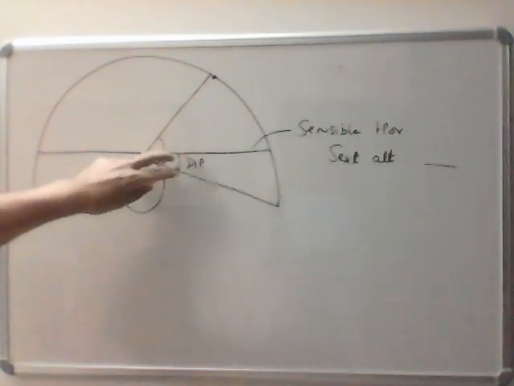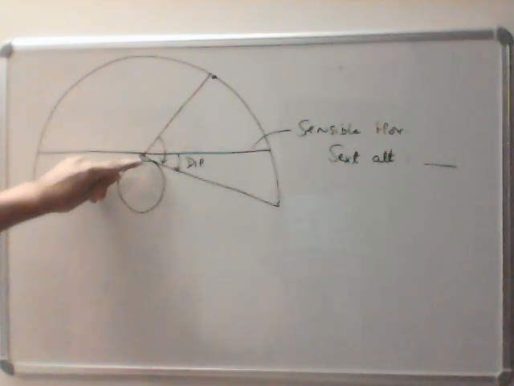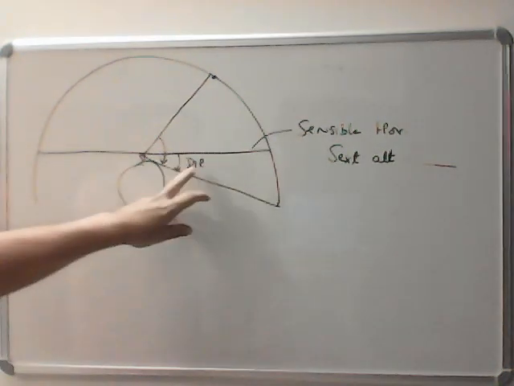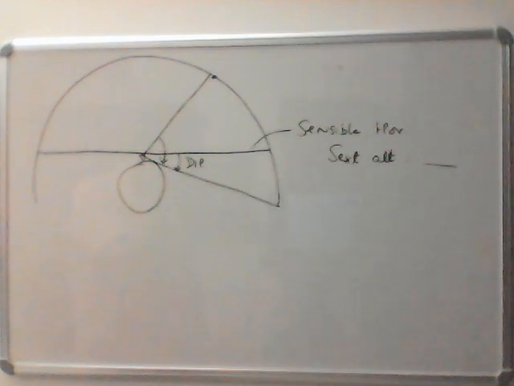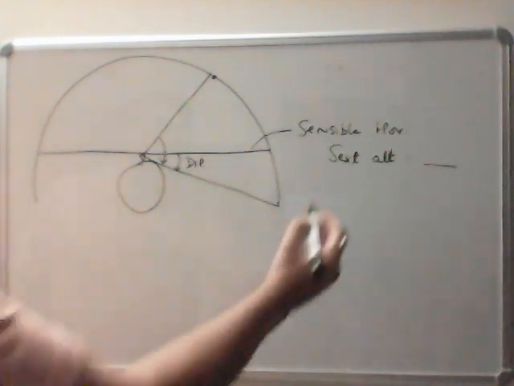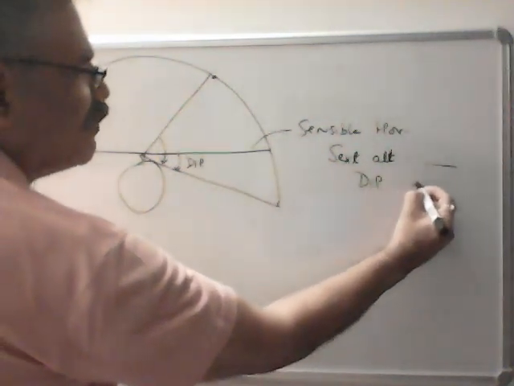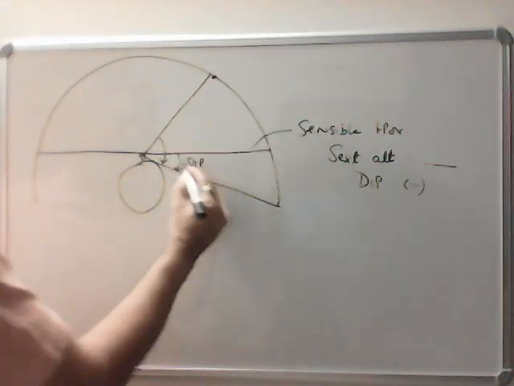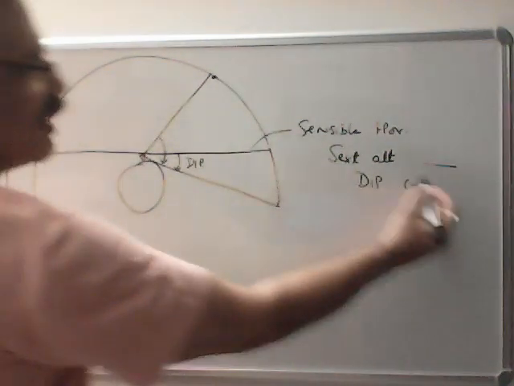This value of dip depends on the height of the observer, that is the distance from the sea to the eye of the observer. And this is obtained from a formula or from the tables, and that is applied to the sextant altitude. It is always negative because this angle has to be subtracted from this total angle. So it is always negative.